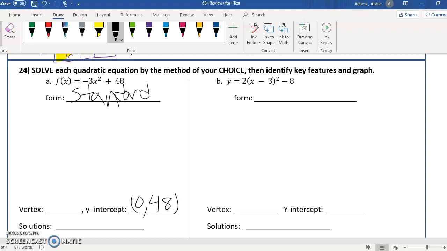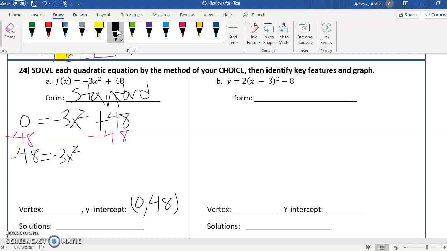So I'm going to say that 0 equals negative 3x squared plus 48. I'm going to subtract 48 from both sides. So now I have negative 48 is equal to negative 3x squared.